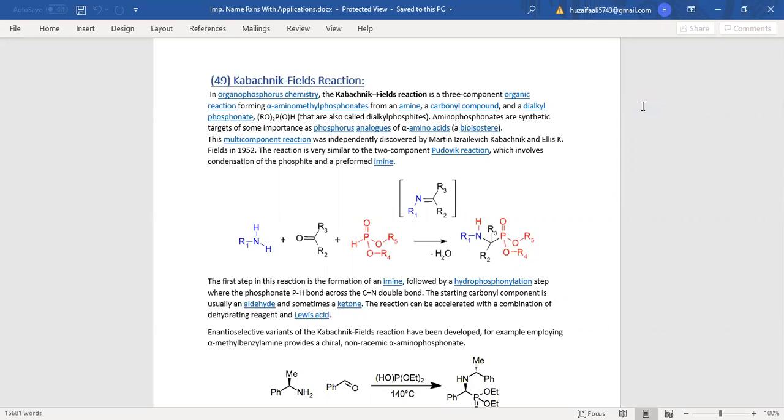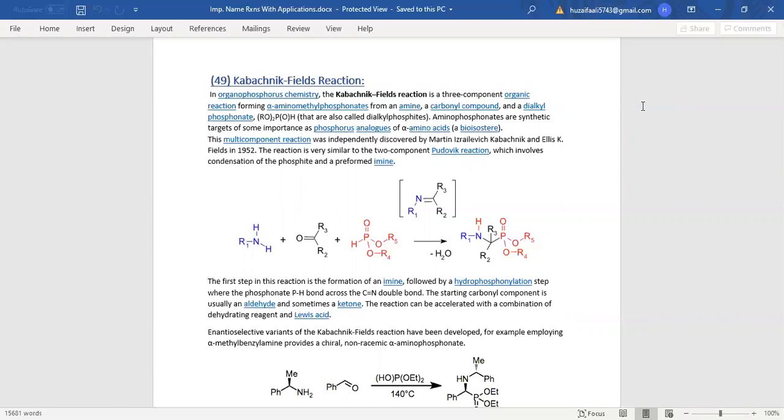Aminophosphonates are synthetic targets of some importance as phosphorus analogs of alpha-amino acids. The multi-component reaction was independently discovered by Martin Israelevich Kabachnik and Ellis Fields in 1952.